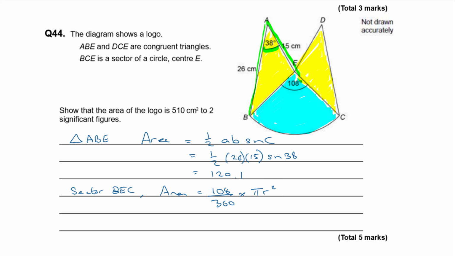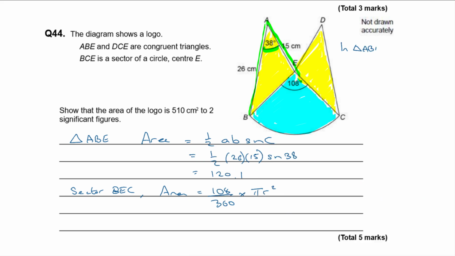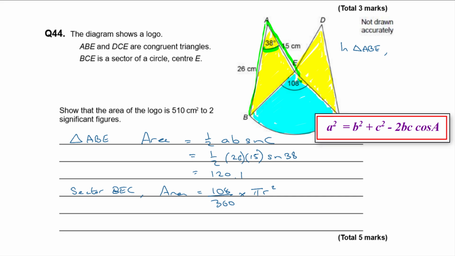So it looks like we're going back to the triangle ABE, and we're going to be using the cosine rule then to find the third side given the other two and the angle, aren't we? So in triangle ABE, if that's angle A up there, then this is side A down here.